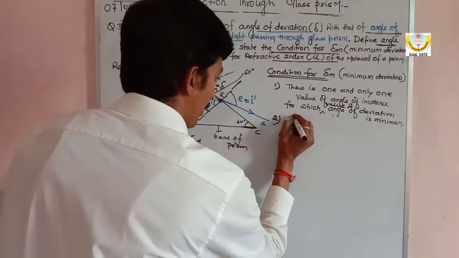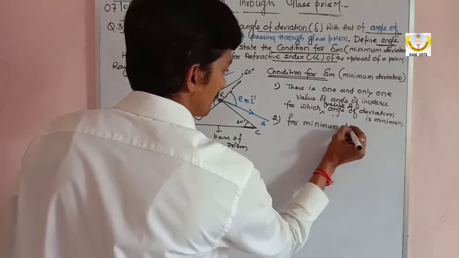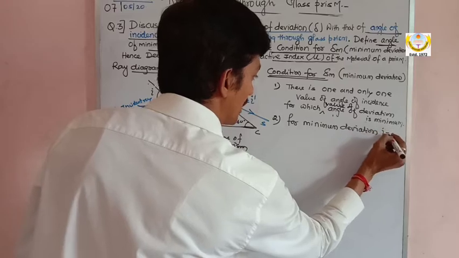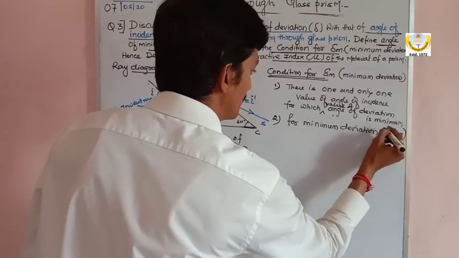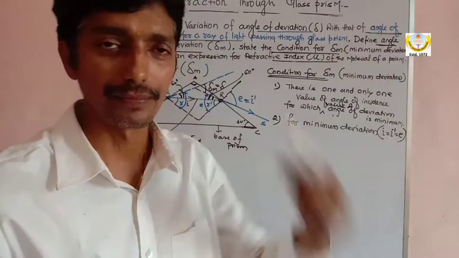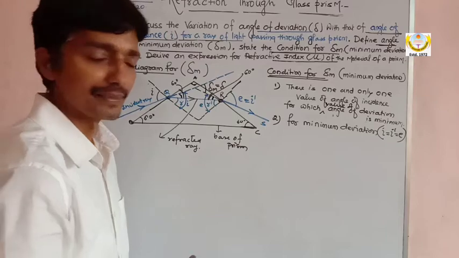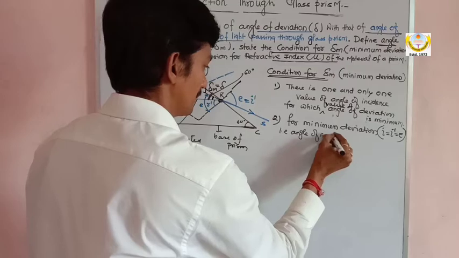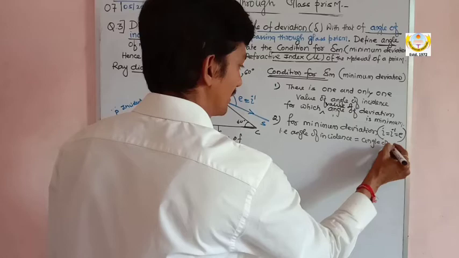Second, for minimum deviation, I is equal to I dash, that is equal to E. Because the book has given I dash also, the book has given E also, so I have written both. So I is equal to I dash equal to E. That is, angle of incidence must be equal to angle of emergence.